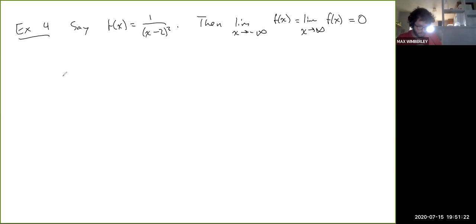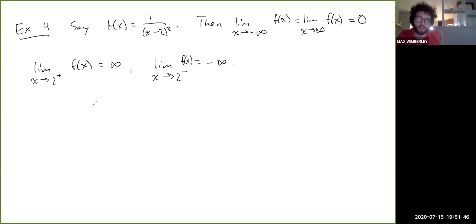And the limit as x approaches 2 from above of f of x is positive infinity, and the limit as x approaches 2 from below of f of x is negative infinity. Okay, so let's prove a couple of these. I'm going to prove the as x approaches positive infinity.